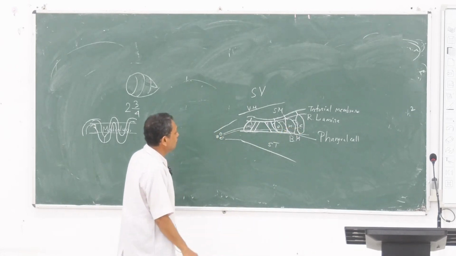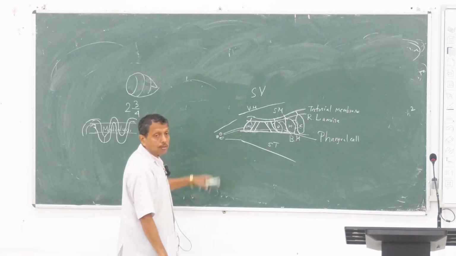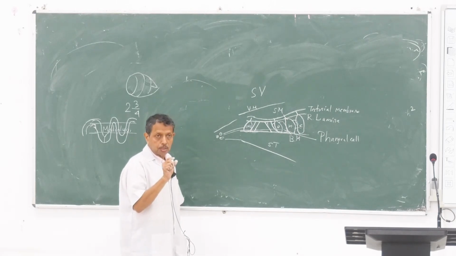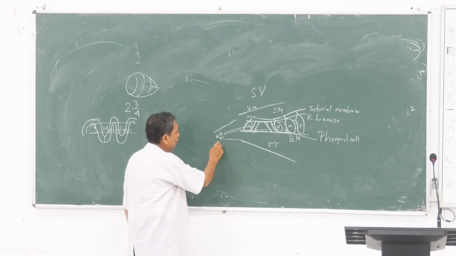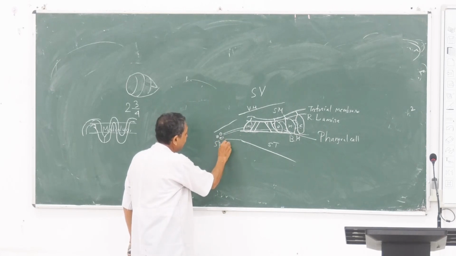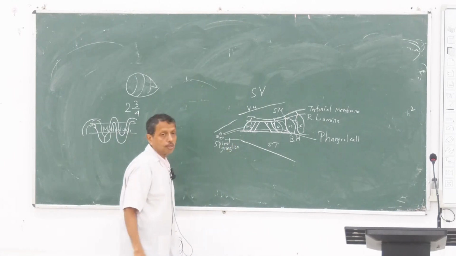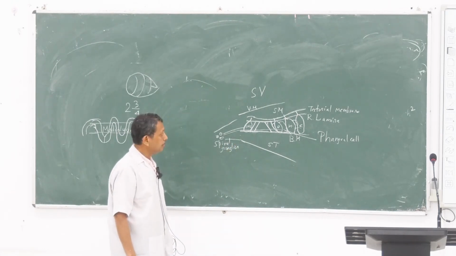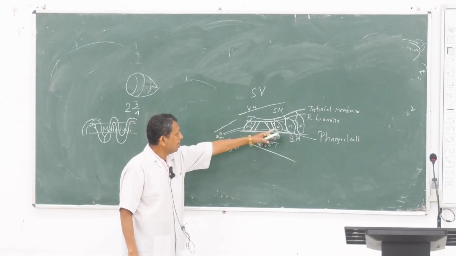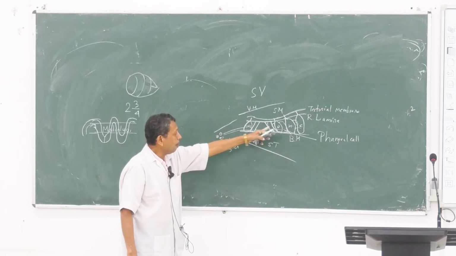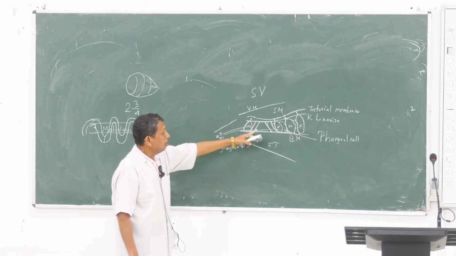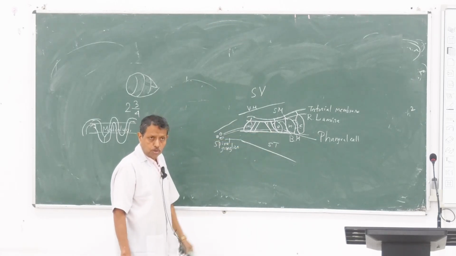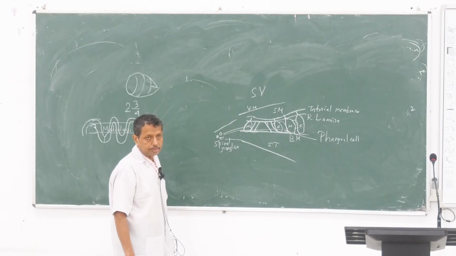There is a spiral ganglion within the bony modiolus. The inner hair cells are supplied mainly by afferent fibers, and efferent fibers go primarily to the outer hair cells, but to some extent also the inner hair cells.